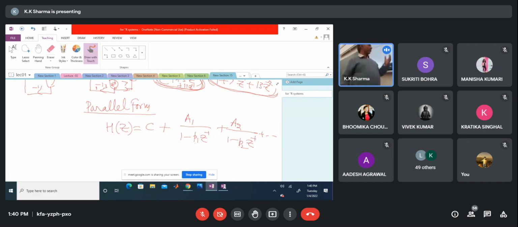Roots of the denominator polynomial are called poles. p1, p2 are actually representing pole positions of the given filter. Roots of the numerator polynomial are called zeros of the filter. Roots of the denominator polynomial are called poles of the filter. And of course, zeros and poles will completely determine a given filter.